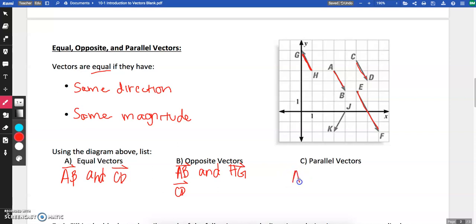So for parallel, AB, CD, EF, and HG are all parallel to each other. Okay, just like regular lines, they're never going to cross. If I just extended all of them, they're never going to cross each other. KJ, on the other hand, is not parallel, opposite, or equal to anything in this diagram. Okay.